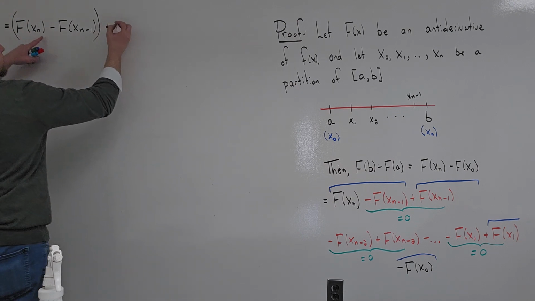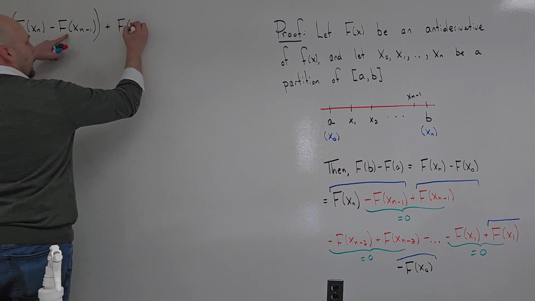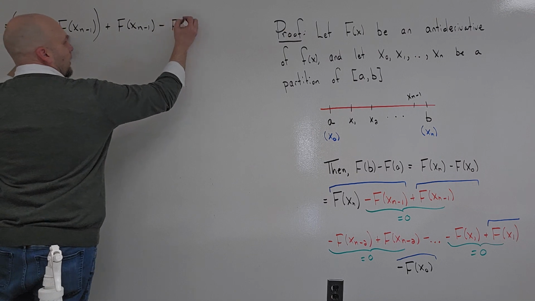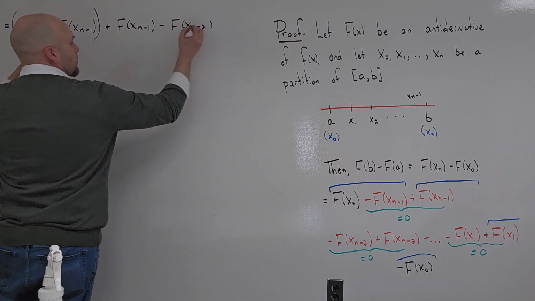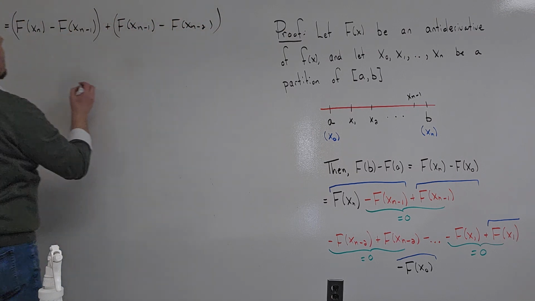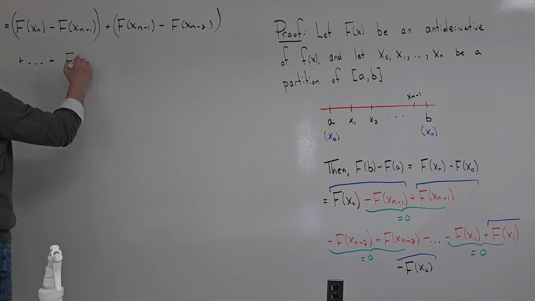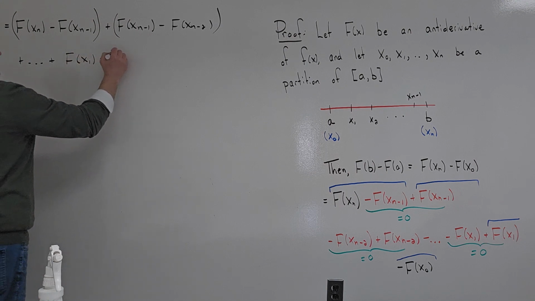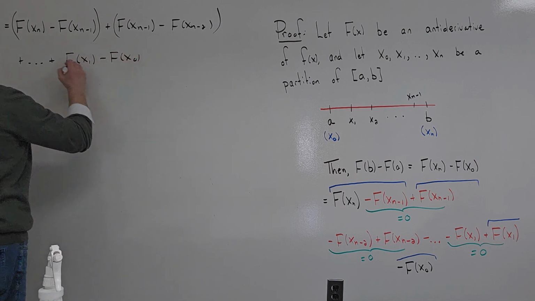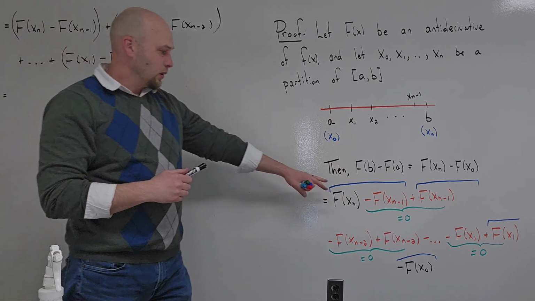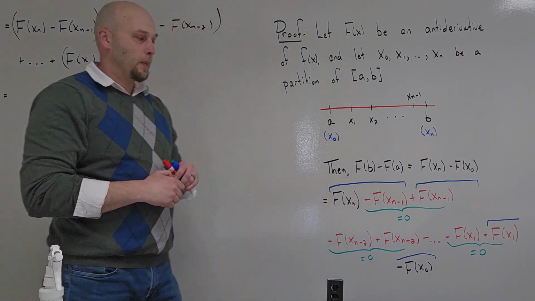So then plus f of xn minus 1 minus f of xn minus 2, plus dot dot dot all the way down to f of x1 minus f of x naught. All I did is rewrite these two lines by grouping terms together.